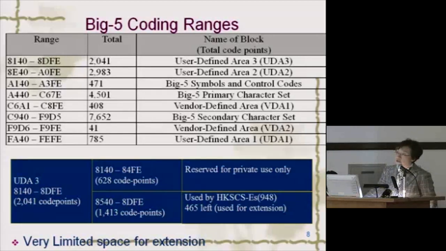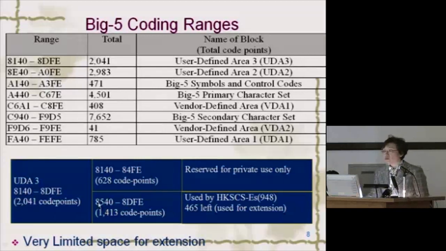This gives other users a way of creating their own symbols, because if we occupy the whole area and everybody downloads the HKSCS in Hong Kong, then nobody can create their own symbols. So this was designed at the beginning to prevent further blockage of the area.